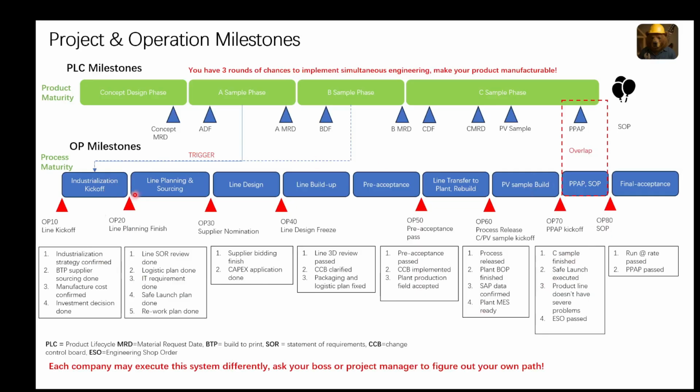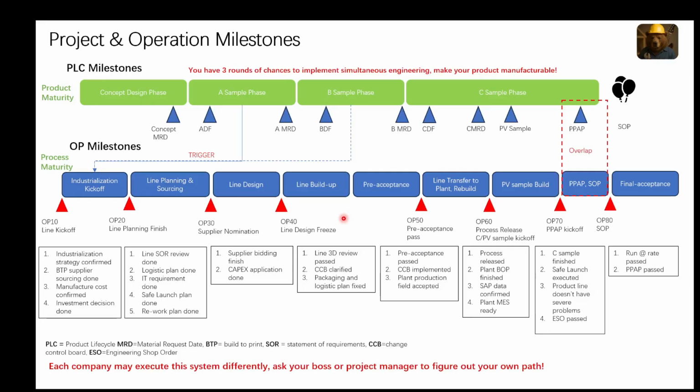For the whole industrialization, what do you do in the whole industrialization phase? Normally, this blue bar runs for 2 years. In China, it's much faster. They can build a 200K productivity line in 6 months.